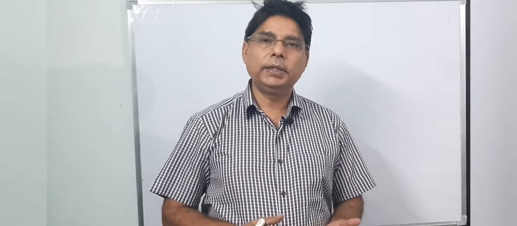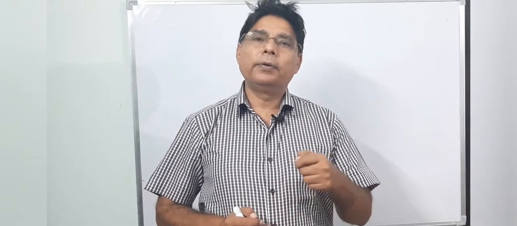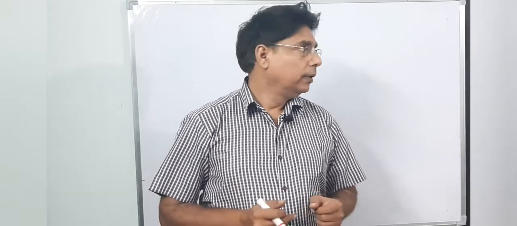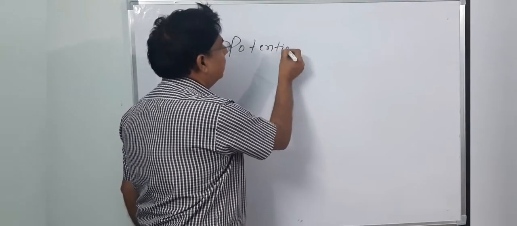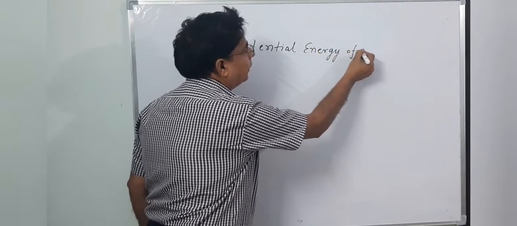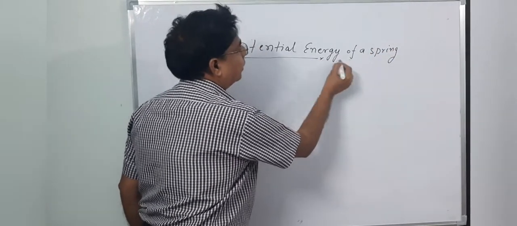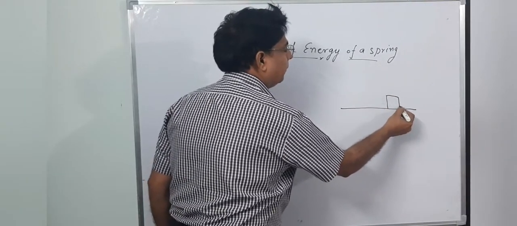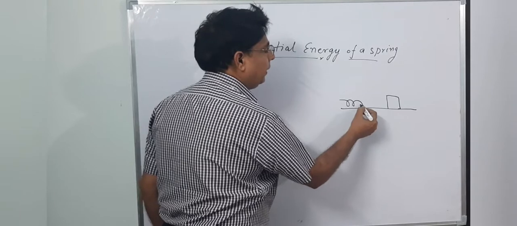Discuss the potential energy of a spring. In case of the spring, when the spring is elongated or compressed, it stores potential energy in it. Suppose we have an object placed on a smooth surface and this object is attached to a spring.